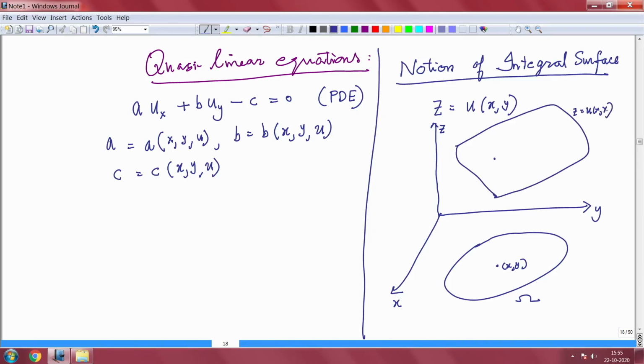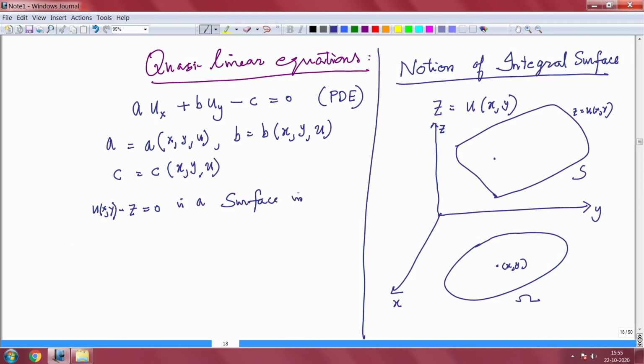In the previous class we have seen the surface introduction. So, this is a surface sitting in R3: z equal to u(x,y), or u(x,y) minus z equal to 0, any way you like it.